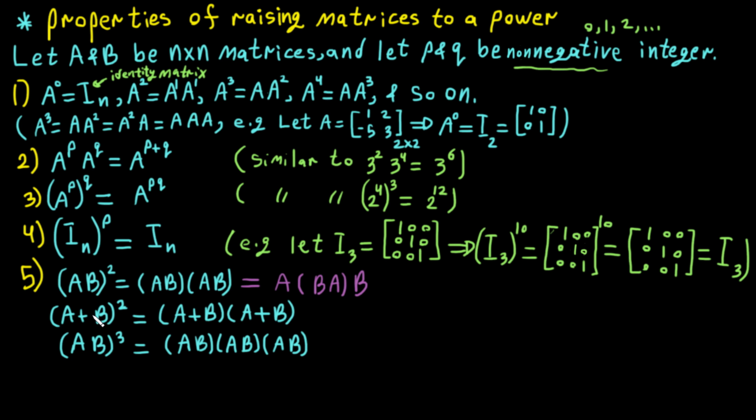We haven't distributed like before, like a squared plus 2ab plus b squared. No, in general it looks like this.